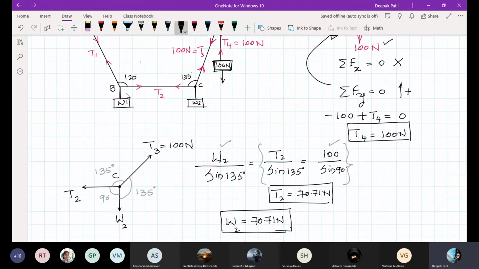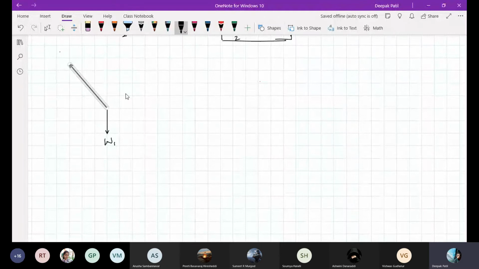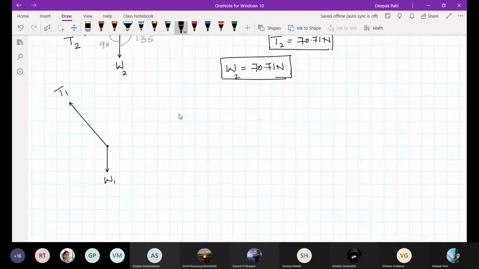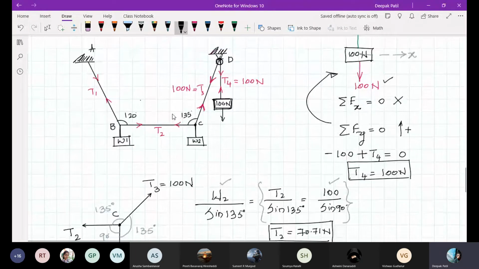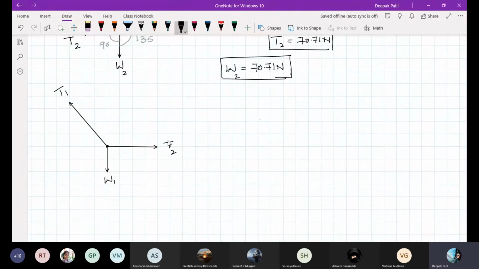One is acting on this side, I will call it T1, that is tension in string 1. And there will be one more tension in the string BC, which I have already named T2. So this is your point B.